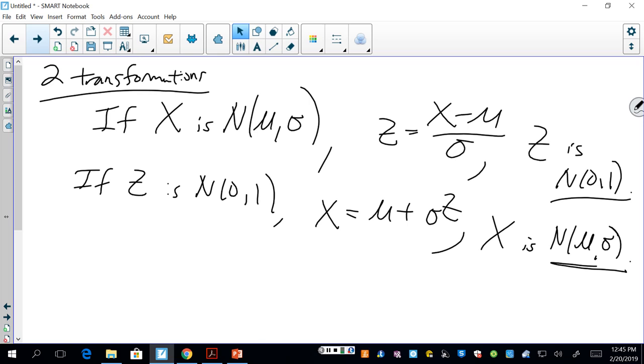So if we can look up things like percentiles of a standard normal, and we have a mean and standard deviation in mind for the thing we're measuring, then we can transform the percentiles to the other scale. So let's think about an example where we do that. Any questions on that?